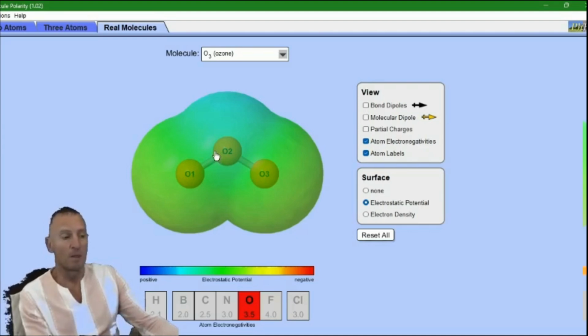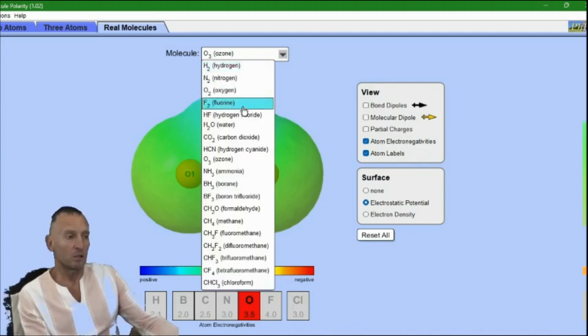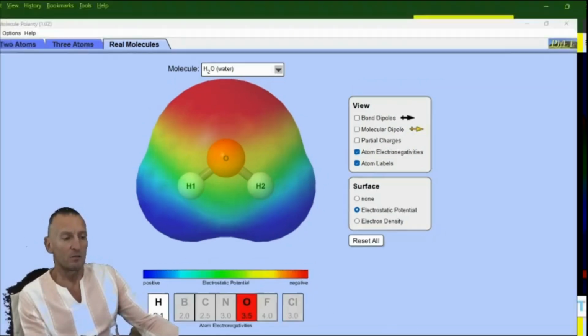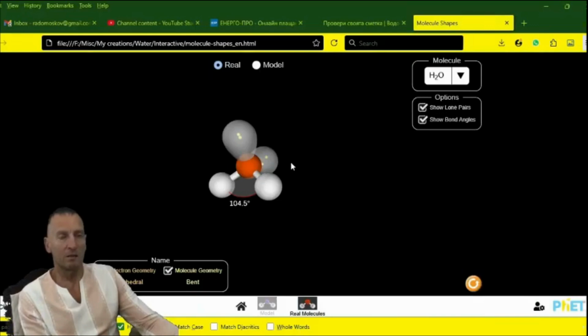I just wanted you to realize that. So this is how it's done with the oxygen. With the water, we said it's different, right? We've got 2 lone pairs, so the steric number is 4, just like here.